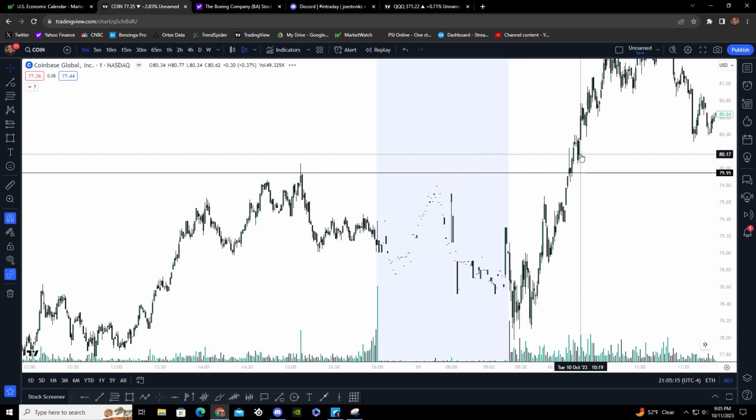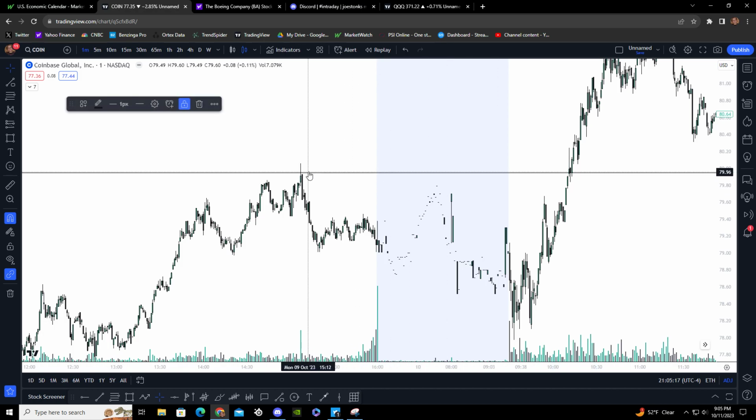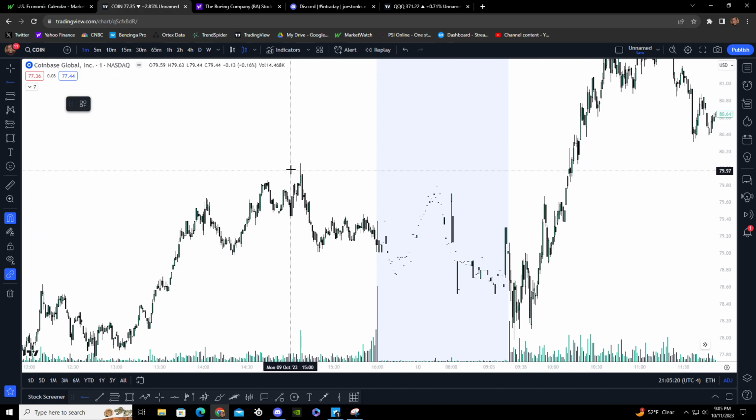Okay, so it was simply a retest of this level and a hold of it. It was a retest of the previous high of day.